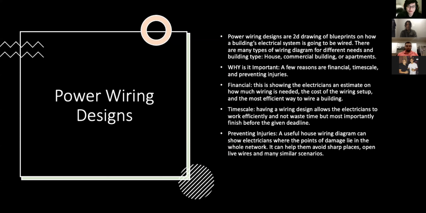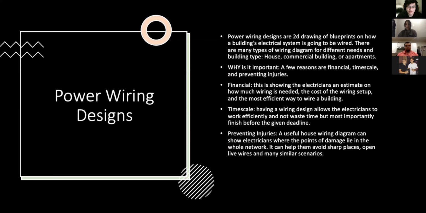What is a power wire design? A power wire design is basically a 2D blueprint of all of the electrical wiring that goes into the building. Why is this important? Because it will tell you how much financial money you need to spend on the building.